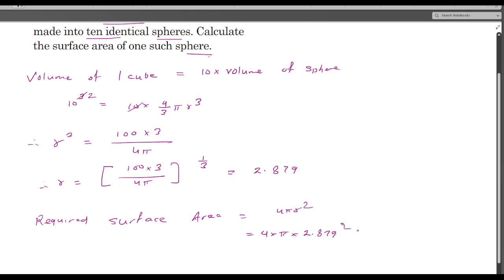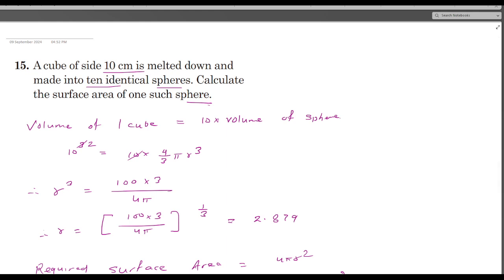Whatever answer we get in the calculator, the square of that times 4 times pi. So your required surface area becomes 104.18, so I will consider 104 centimeter square. So for question number 15, our answer is 104 centimeter square.